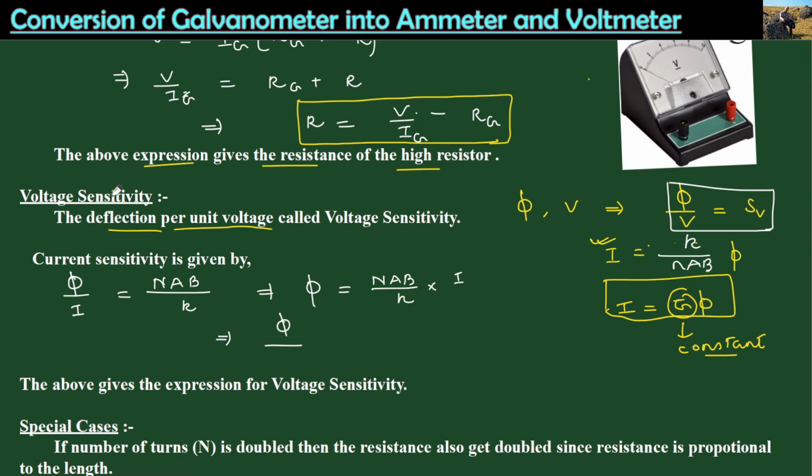SV is voltage sensitivity. Voltage sensitivity is phi divided by V. So over here on this expression we have phi, so we will divide both sides by V. When we divide both sides by V, we get the voltage sensitivity.